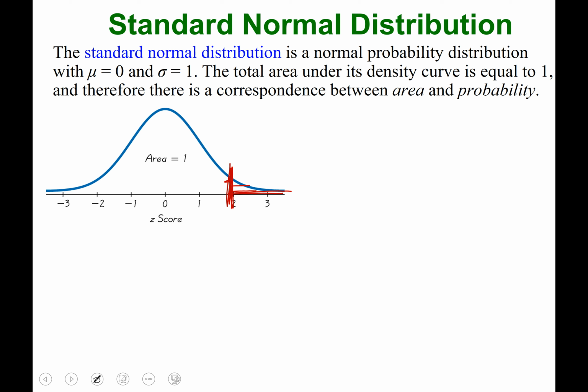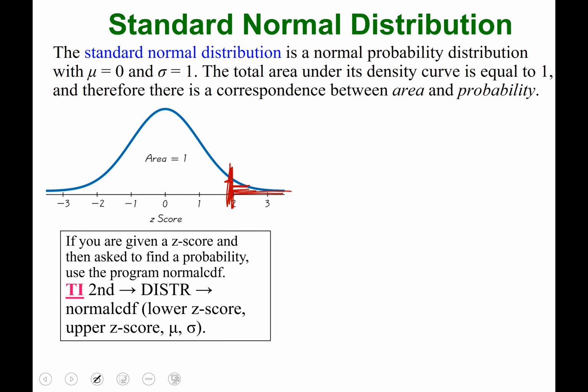But that's not a rectangle. That shape, we don't have a formula for the area of that shape. We could use calculus and limits to figure it out. But instead of deriving that from scratch, we're going to use the calculus that other people have already developed for us, and we're just going to run a program called normal CDF.